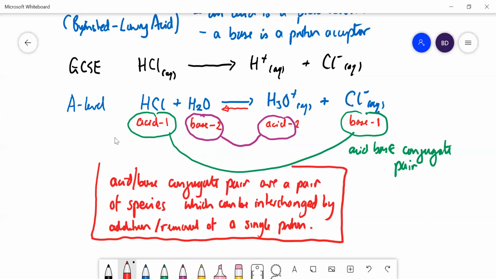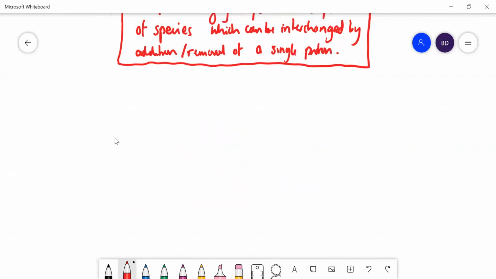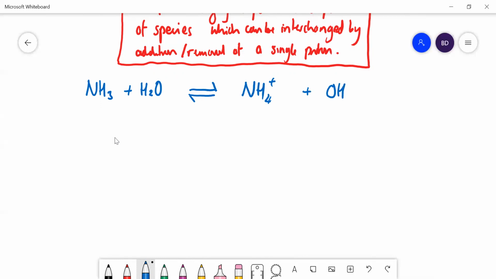Right, let's think about some other reactions. Let's think about ammonia dissolving in water. If you dissolve ammonia in water, this is an equilibrium reaction, and you get NH4 plus and OH minus. So where are the two acid-base conjugate pairs here? Let's color code it.